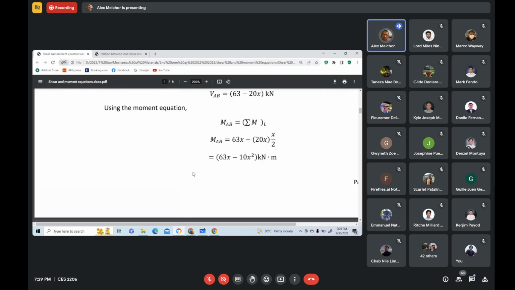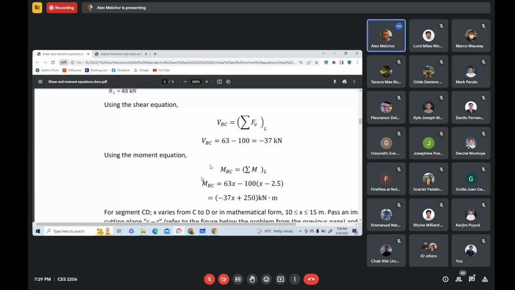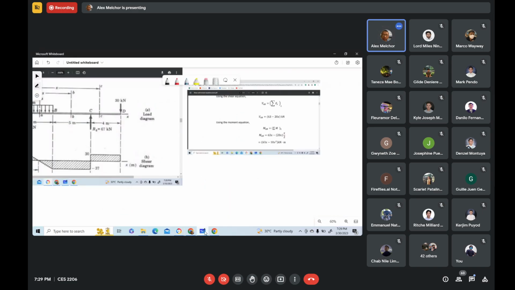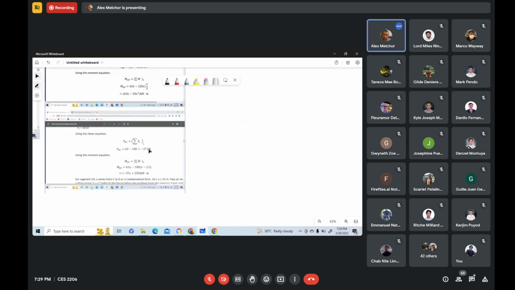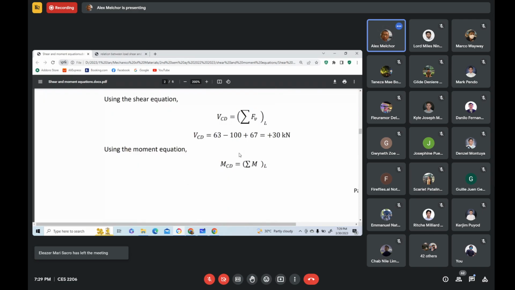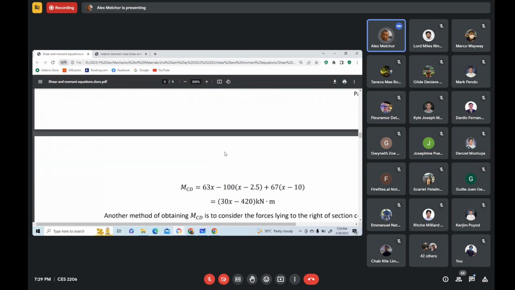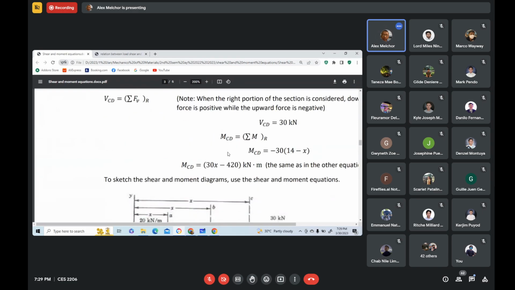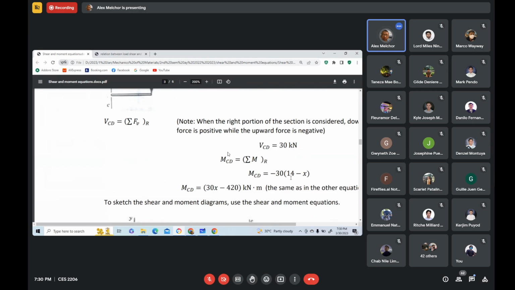Going back to this, we have this moment equation for segment BC, shear equation for BC, and moment equation for BC. This one here. Shear equation and moment equation for segment CD. We have this, going to print screen that one.